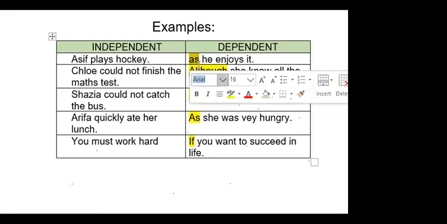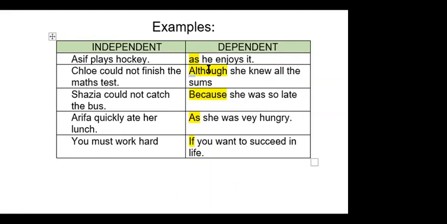Can you see that? The conjunction is as in that regard. And it can only exist if it's combined to the first sentence. So if we combine the two and we say, Asif plays hockey as he enjoys it, then it can exist, right? We can't just have a sentence that says as he enjoys it. Who enjoys it? What does he enjoy?